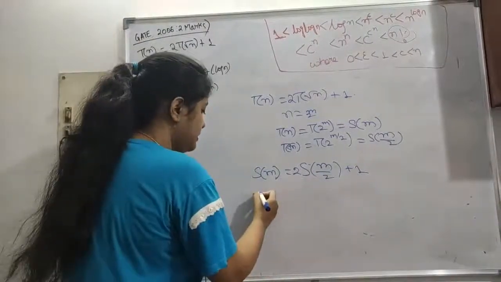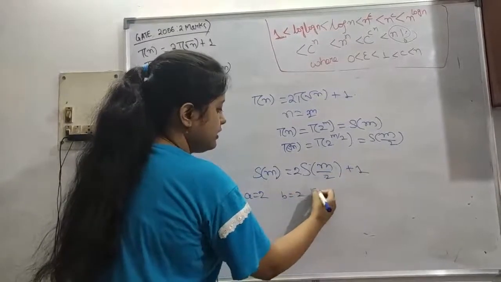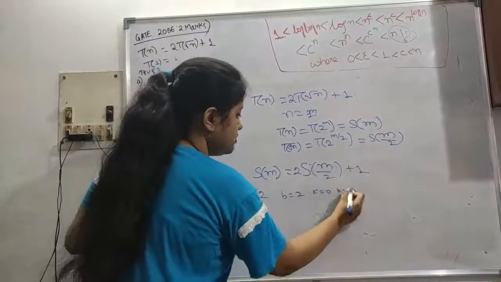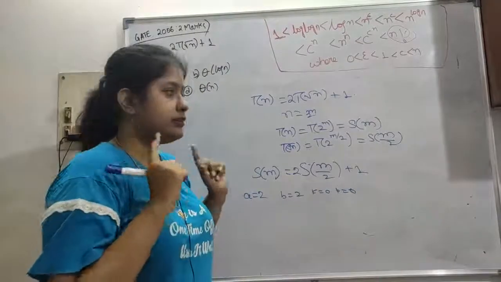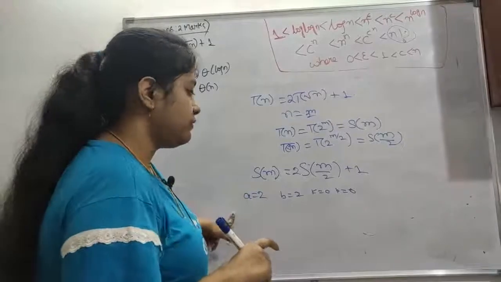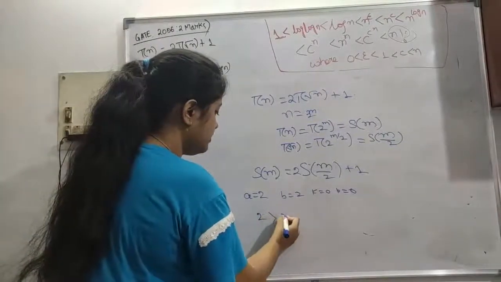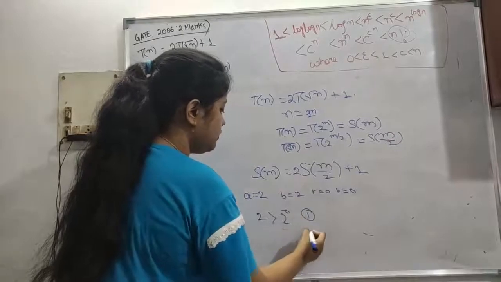So this is basically very easy. A is equal to 2, B is equal to 2, K is equal to 0, P is equal to 0. I have done an extensive video on Master's theorem, so you can go and watch it if you are having any trouble here. So this is 2 greater than 2 to the power 0, which is case 1.